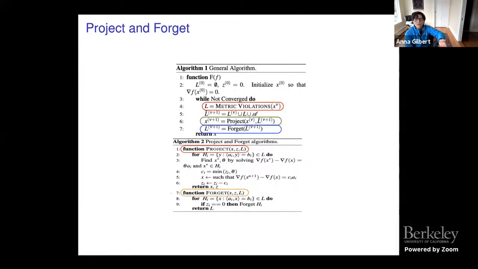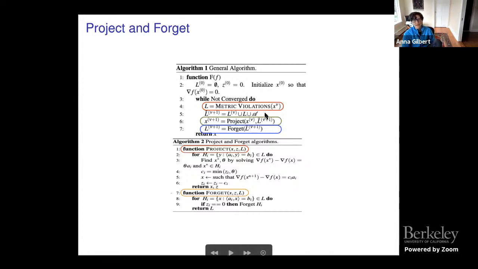Okay, so what does the algorithm look like? While you're not done, get a list of constraints that are violated, i.e. get a list of metric violations. This is the Oracle piece, and I will discuss this more in detail in a second, but let's just say we've got some Oracle that returns a pretty good list of constraints that are violated.